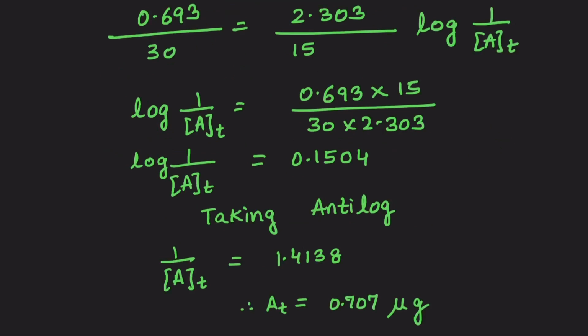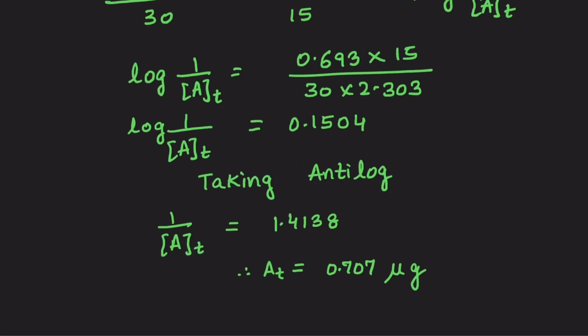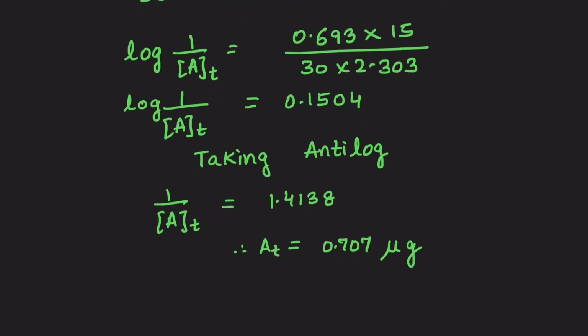So when we get log of this equal to 0.1504, we take the antilog. So antilog gives me the value of 1 upon AT is equal to 1.4138. Now this is the reciprocal of the concentration after time t, or the mass after time t. So what is the actual mass after time t?